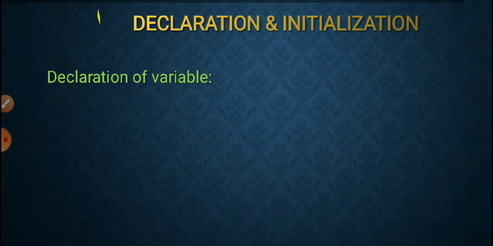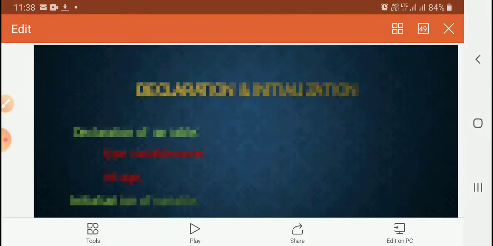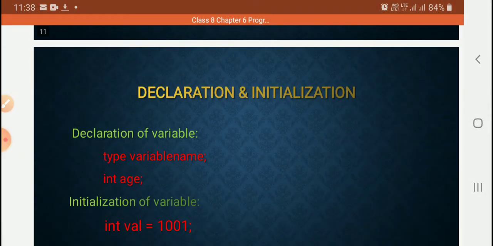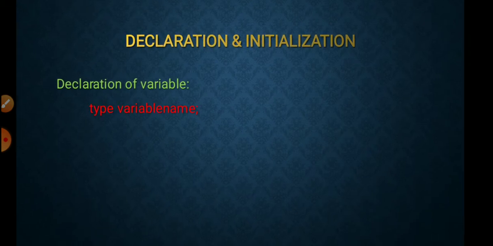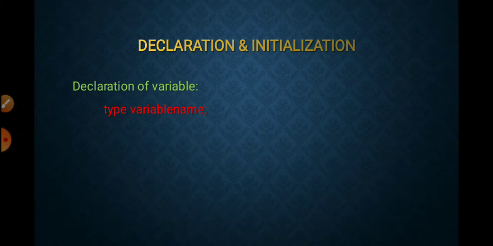So first we will see declaration of a variable. First we have to specify the type and the variable name. Example, int age. Here int is the data type, age is the variable name.